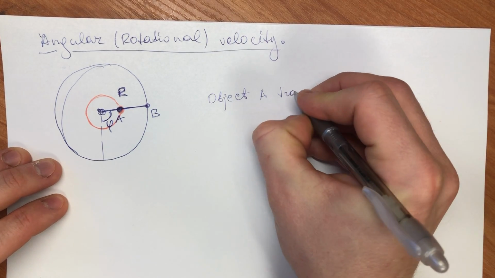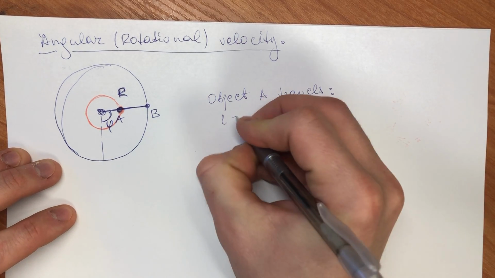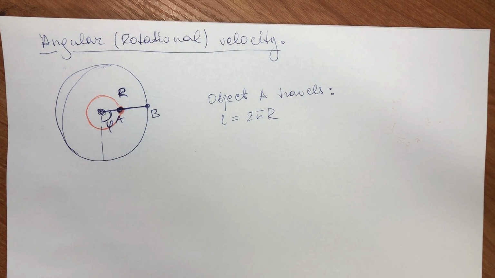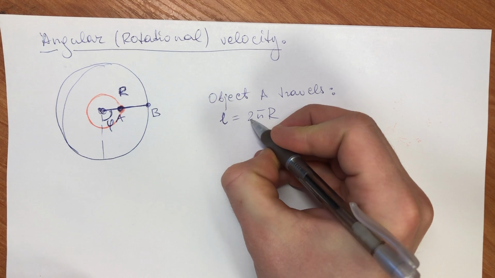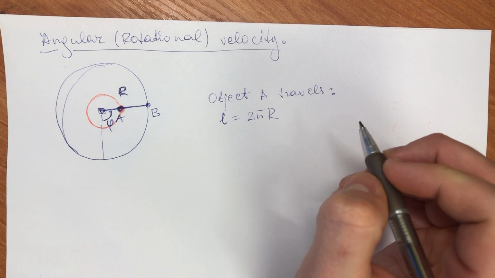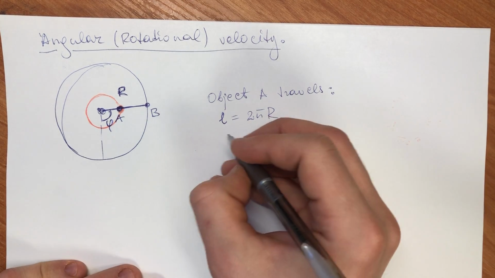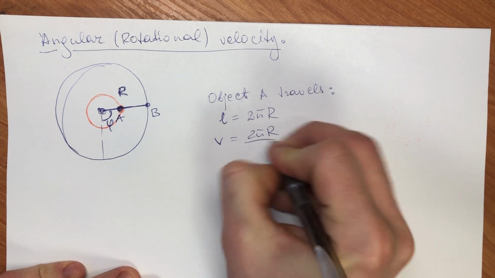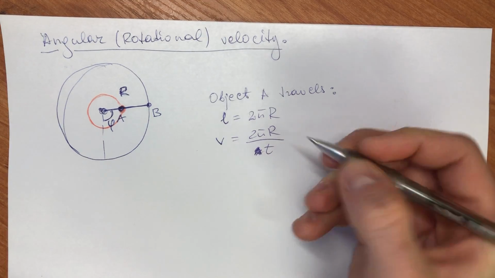It travels a path L of 2 pi r, so the length of the path is the length of a circle, 2 pi r, and the speed would be 2 pi r divided by delta t, the time that it has traveled.